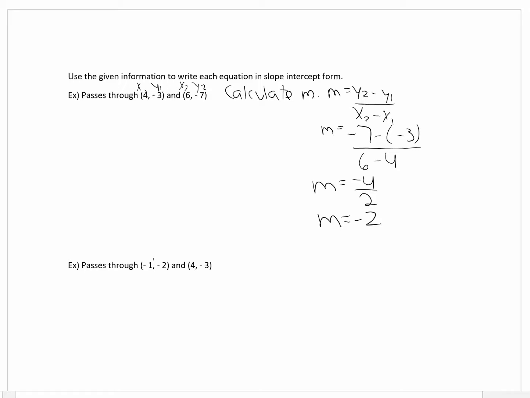Now, it does not matter which ordered pair I pick because the line is going to pass through both points. In this case, I'm going to choose 6, -7. Okay, so substitute values in.